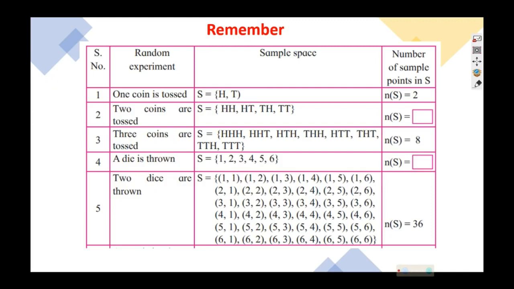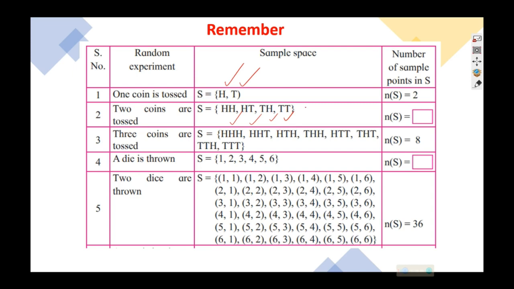You should remember that when one coin is tossed, the chance of getting head and tail is equal, either head or tail. In different situations we found that different sample spaces or different sample points were there. Sample points indicate the number of sample spaces. What are the chances?